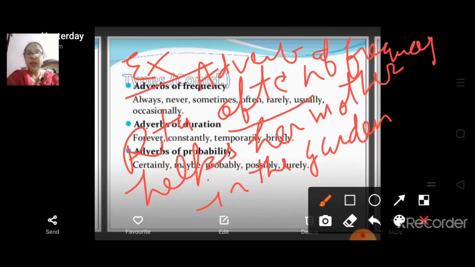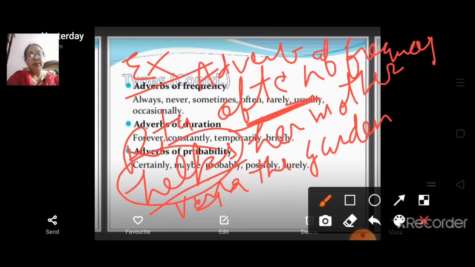Helps is the main verb over here, and often is showing the adverb of frequency.